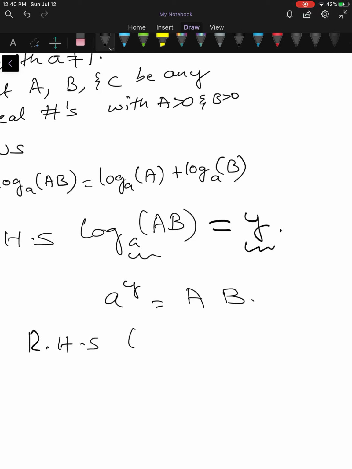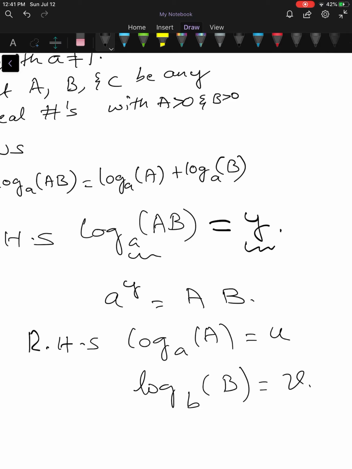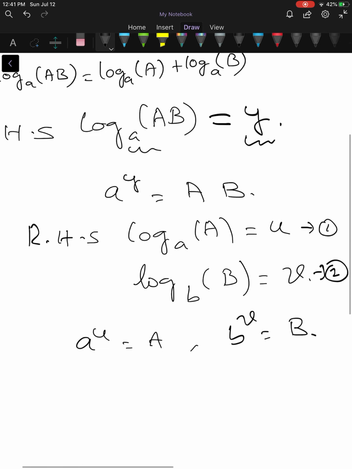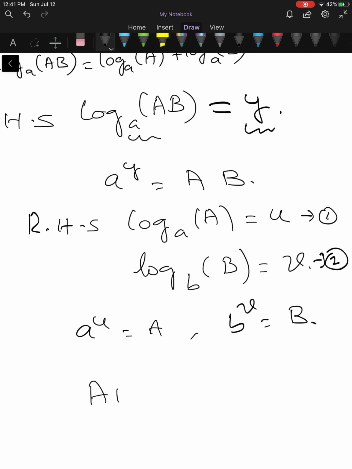Let me consider the RHS now. Say log base a of A is u, and log base a of B is v. Then the first equation tells us that a to the power u is equal to A, and the second equation tells us that a to the power v is capital B. Correct?